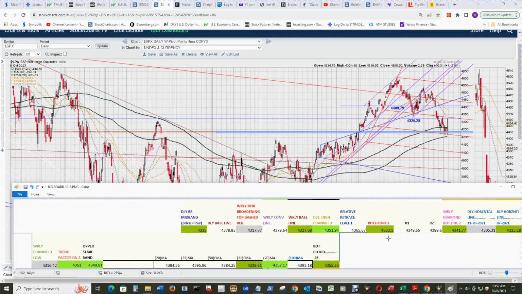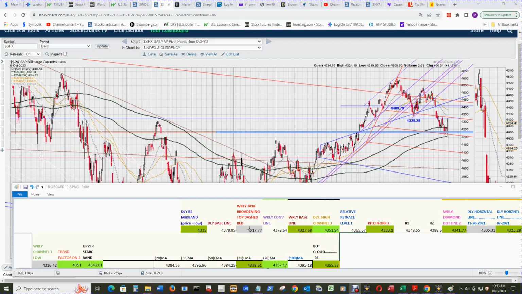Here, I'll move this down. And you can see that the S&P 500 weekly levels are the ones to watch. So this weekly baseline for the cloud, and then this weekly broadening top and dashed red from 2018, that thick dashed red line that we've looked at, and the weekly channel 3 low, 4316.